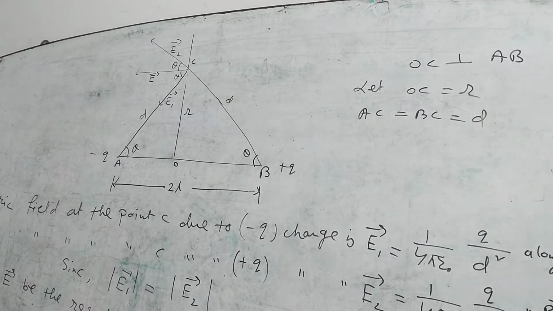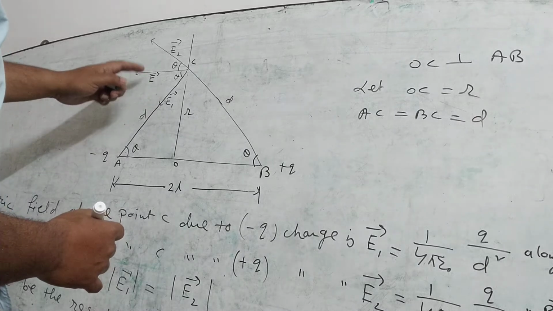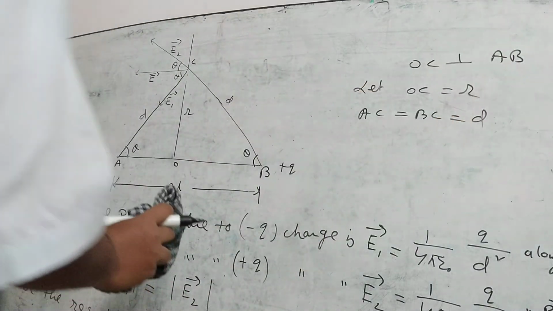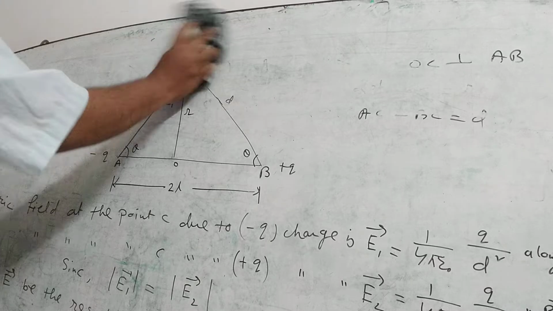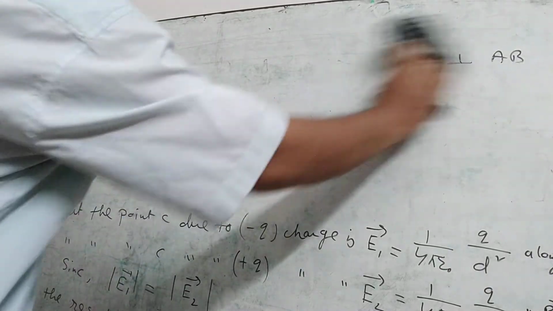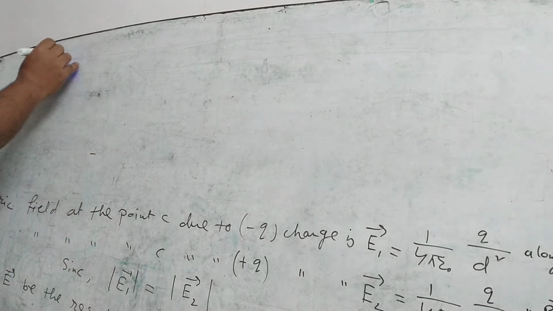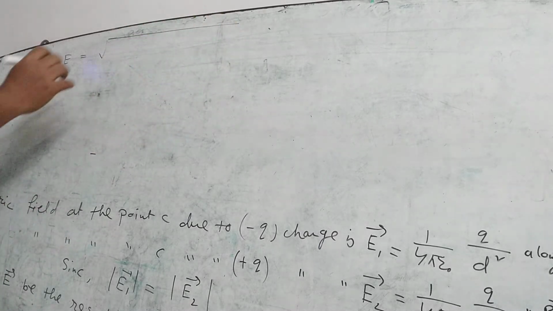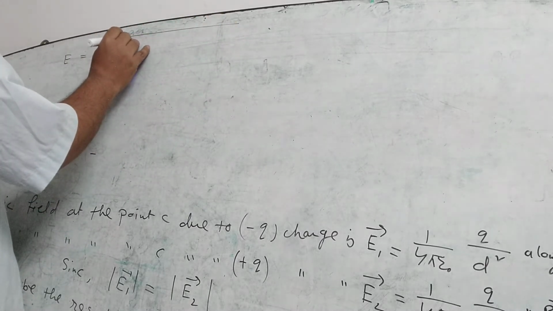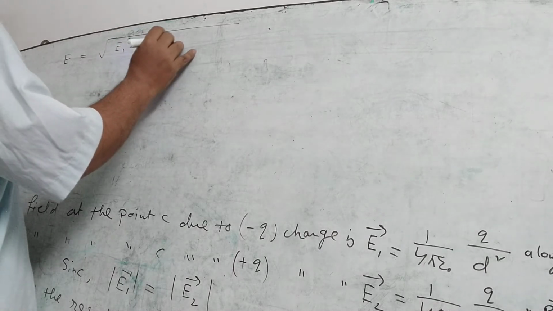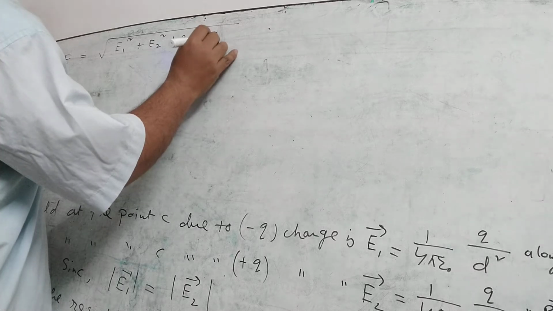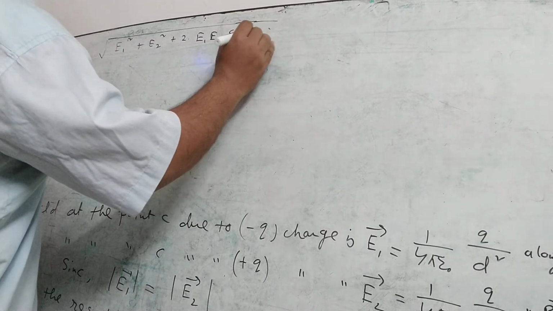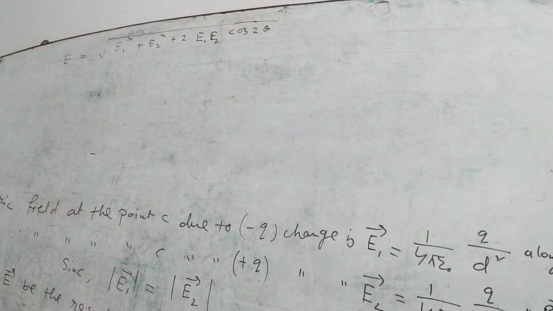Therefore, we can consider that E is equal to under root of E1² + E2² + 2 E1 E2 cos 2θ, where 2θ is the angle between E1 and E2.